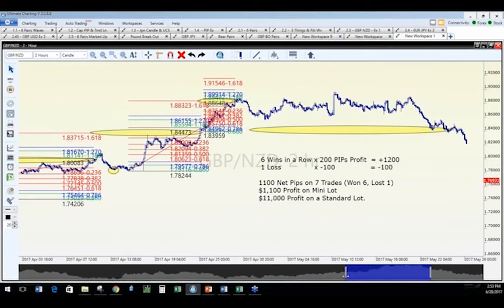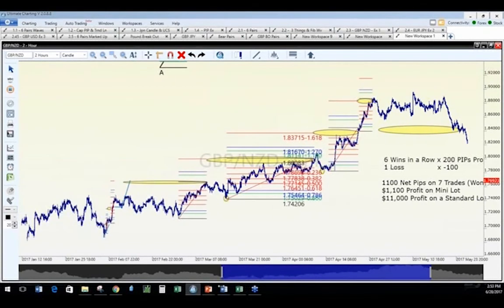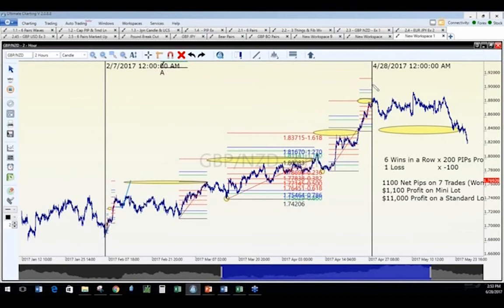Let me just take a look at when this started. This was back on February 7th. Then this right here would be February. So this is about 2.5 months. So this is one currency pair doing this, so it's $11,000 profit.